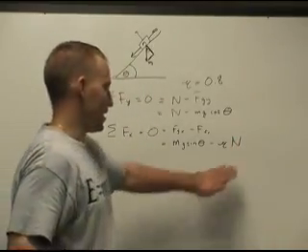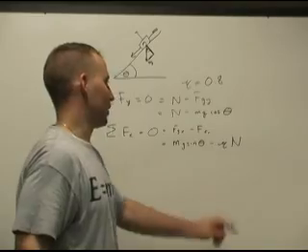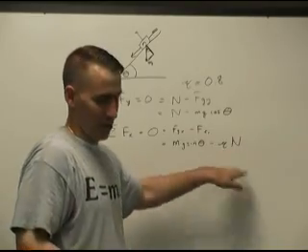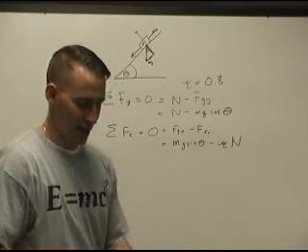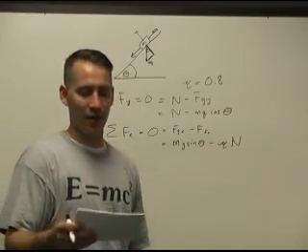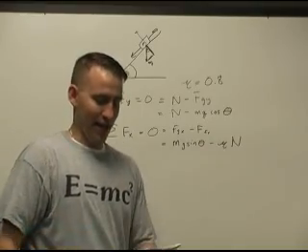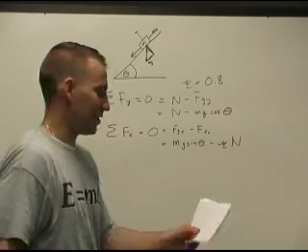And that's just something you need to know: the coefficient of friction times the normal force is the force due to friction. So when you subtract those out, it needs to be 0, and they gave us the information there, so you just need to solve.